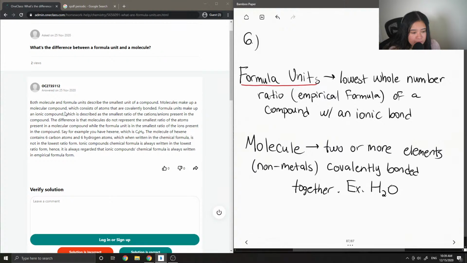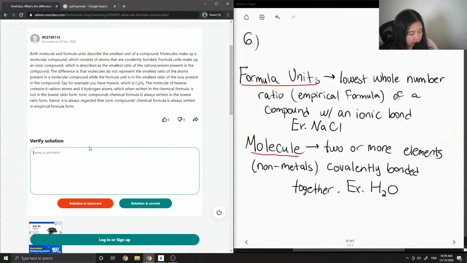So an example of formula units, NaCl, it's already in the lowest whole number ratio. Okay, so I can say that this solution is correct.